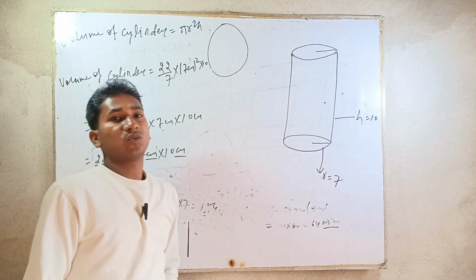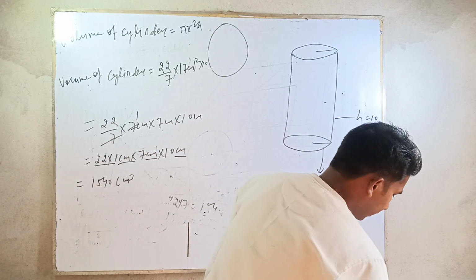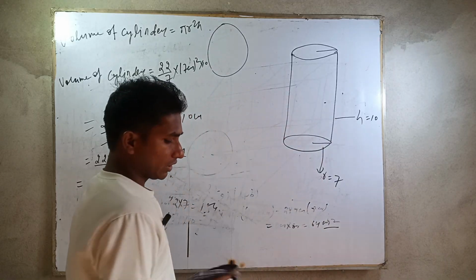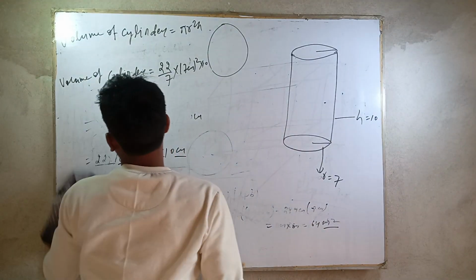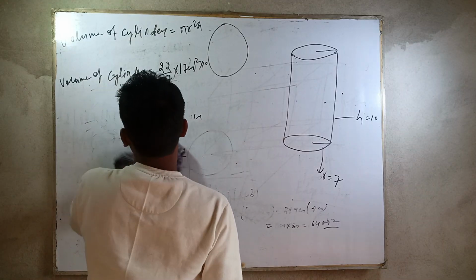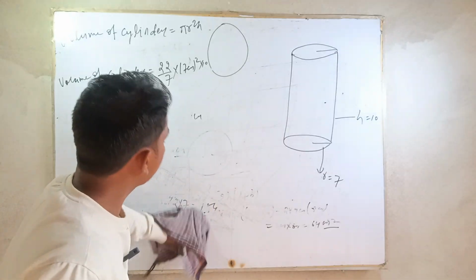So next one is lateral surface area, or curved surface area, of a cylinder. Lateral surface area and curved surface area are both the same.